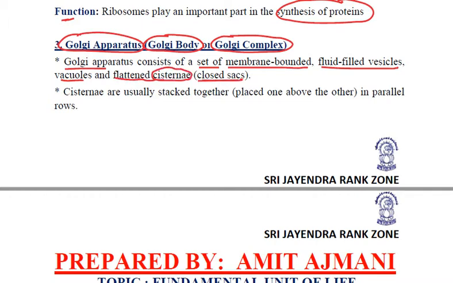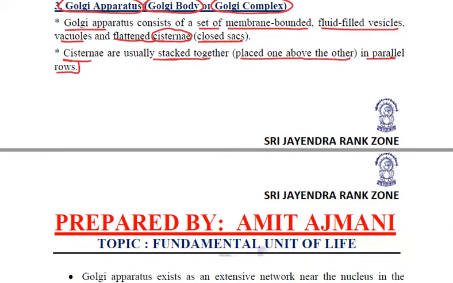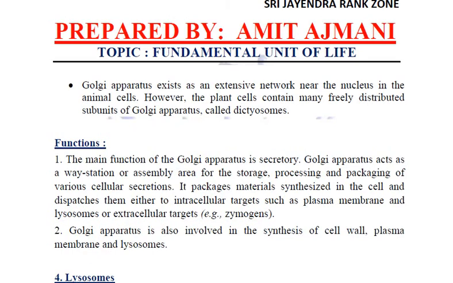Cisternae means closed sacs. These cisternae are usually stacked together. That means they are placed one above the other in parallel rows. Right? Now, Golgi apparatus exist as an extensive network near the nucleus in animal cells.